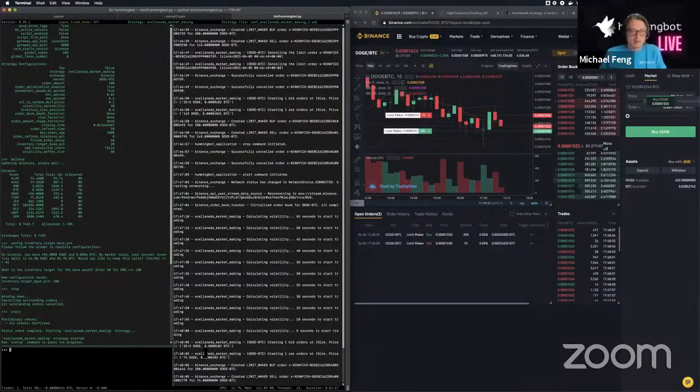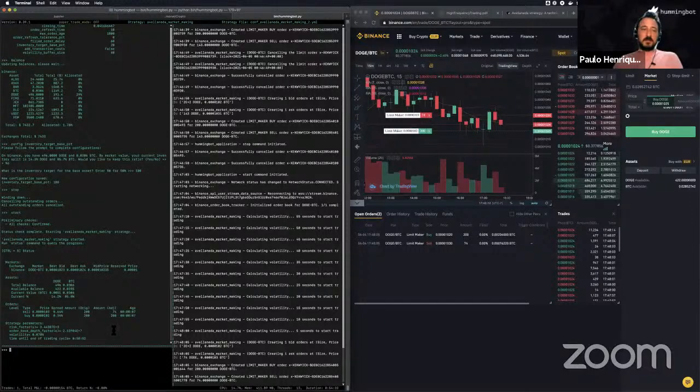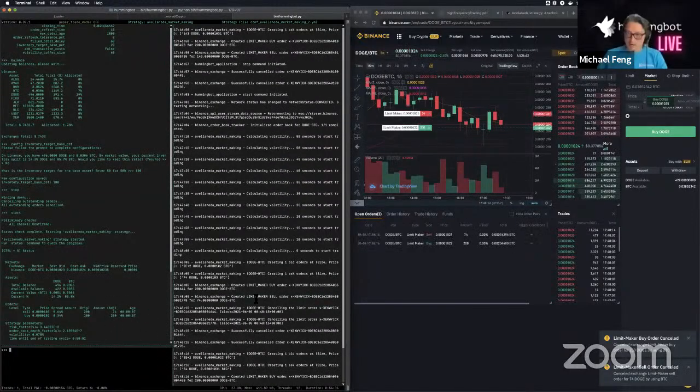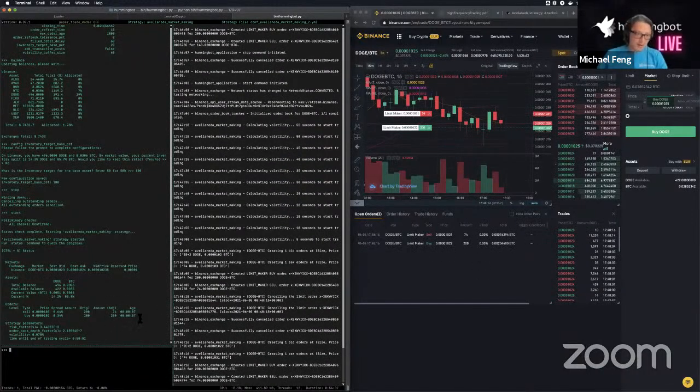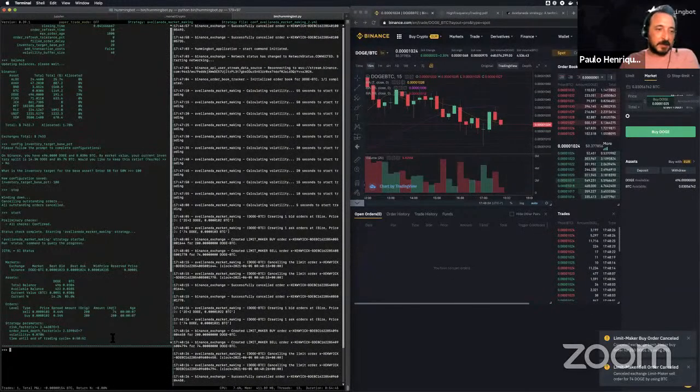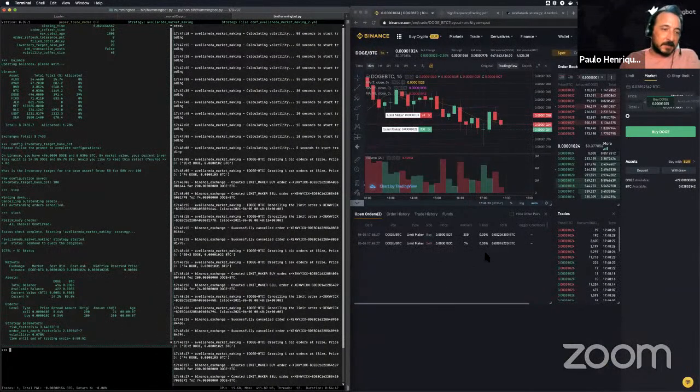Yeah, I agree. Okay. So basically you guys can see that right now the amount of buying is a lot more than the amount of selling. And you can notice that the spread on the buy side is half of the sell side, right?